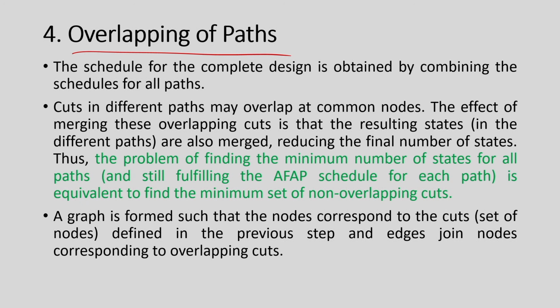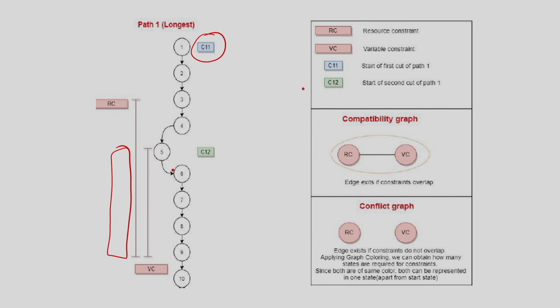My objective here is that I have already identified the cuts, or the number of states, in each path. I have to combine these paths into one, and it is basically a problem of finding the minimum number of states for all paths, which is equivalent to finding the minimum set of non-overlapping cuts. Okay. So, what I am going to do now is use the same concept I used to solve the minimum cut to satisfy all constraints, right.